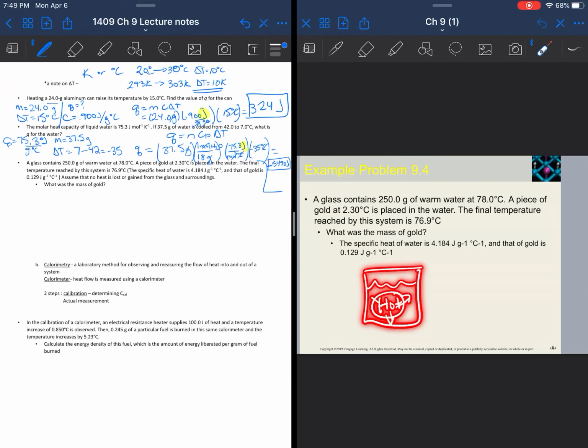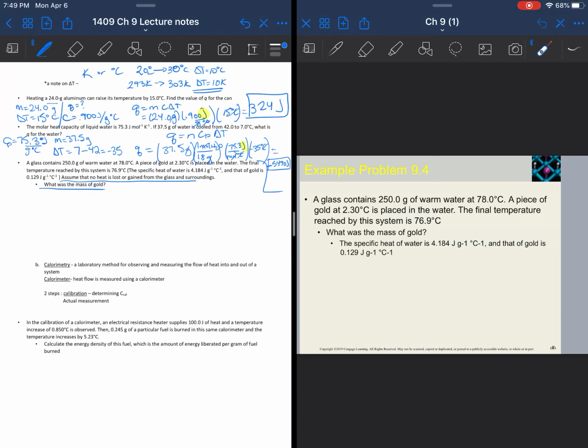The final temperature of the water is, of course, going to increase because you have this cold water, you have this hot metal, and energy is going to leave the metal and go into the water. What we're asking you to do here is assume that no heat is lost or gained from the glass, the beaker, the air in the room. It's not accurate, but it's going to make this problem a bit more simple to solve.